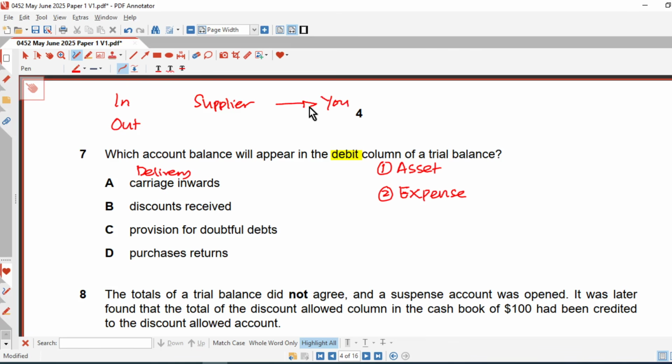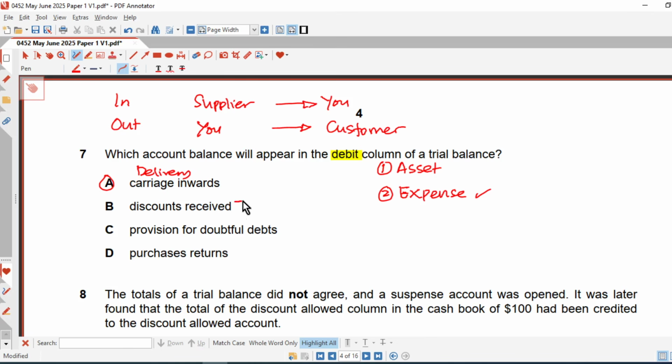Supplier delivers to you, that's a carriage inwards. Carriage out would be delivery incurred by you to the customer. One is coming into the shop, one is going out of the shop. So either way, carriage will be an expense. So carriage inwards would be your answer.